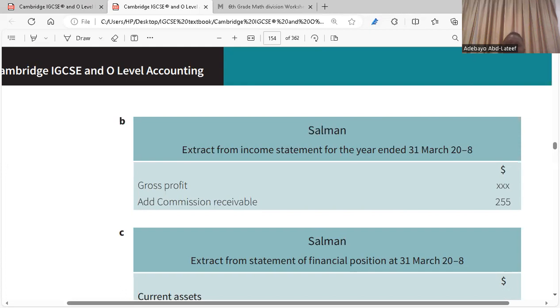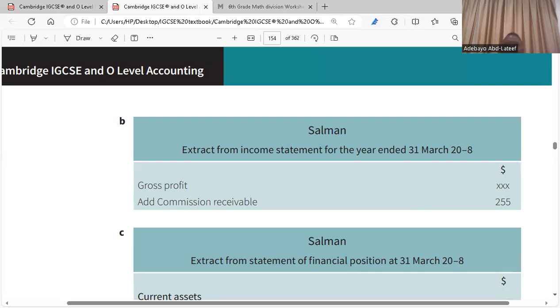But here we're talking about accrued income, payments that we've done the service, we are expecting the payment. 120 was paid, 135 is still being owed. So in our income statement, I told you it becomes a commission receivable on the credit side of our income statement for the total amount of what we have done.